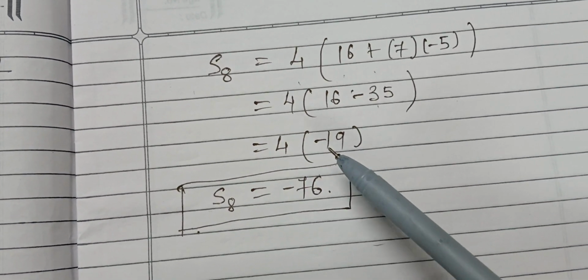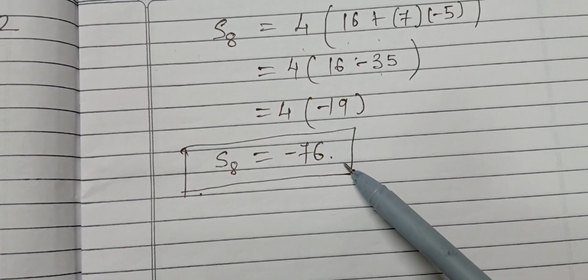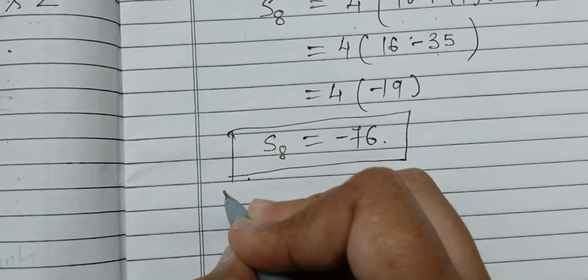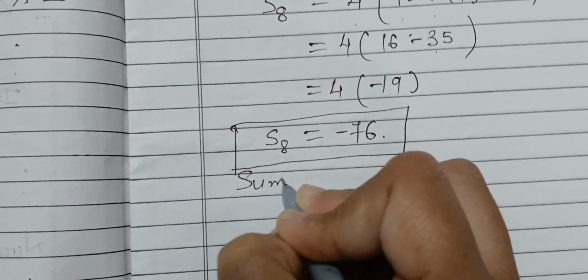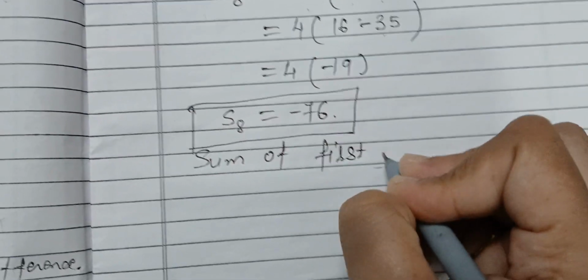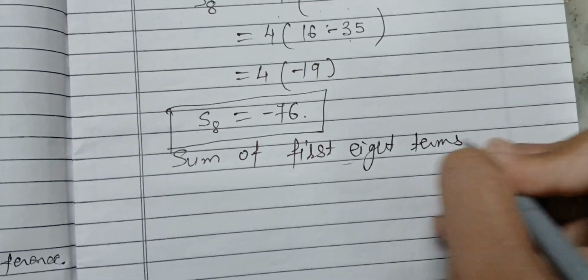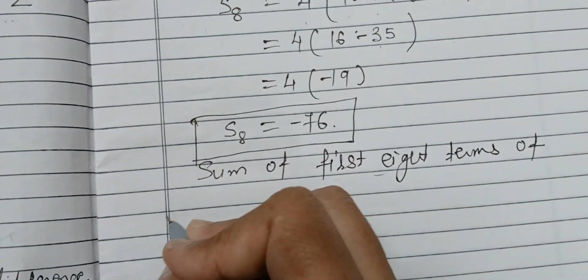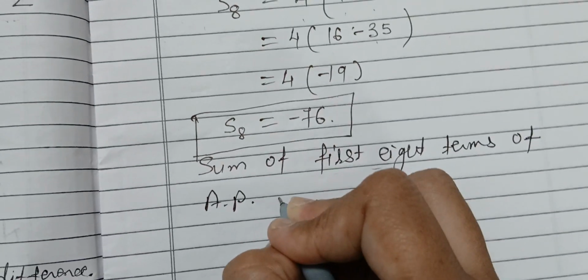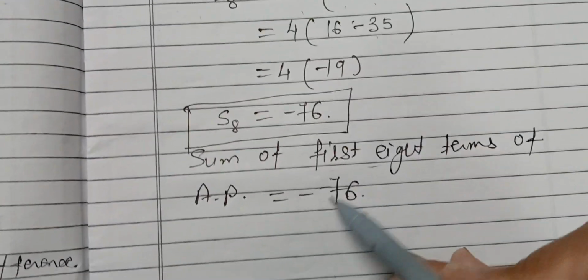So 4 into minus 19 is minus 76. So we have our final solution. The sum of the first 8 terms of the AP, our arithmetic progression, is equal to minus 76. So this is our answer.